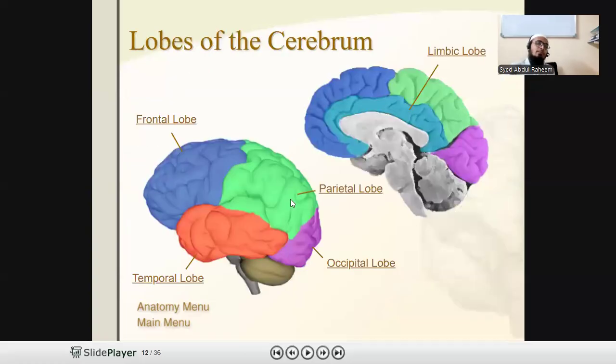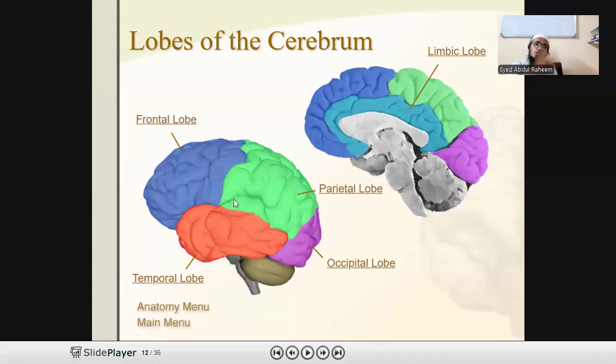unimaginable. In the cerebrum, you have 4 lobes, though some will tell 5 lobes also. But if you look, you have only 4 lobes: frontal lobe, parietal lobe, occipital lobe, and temporal lobe on the side.